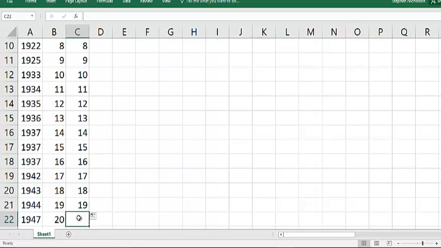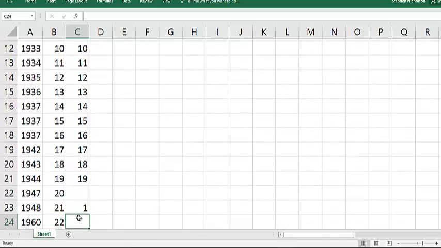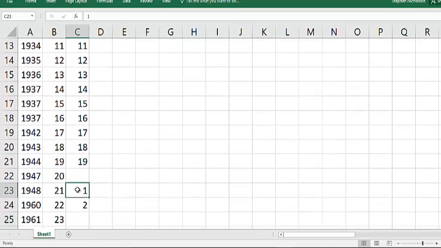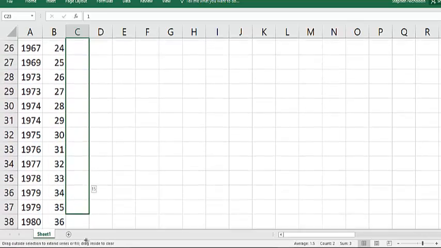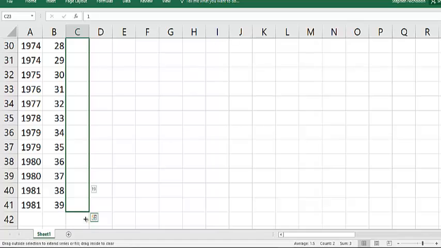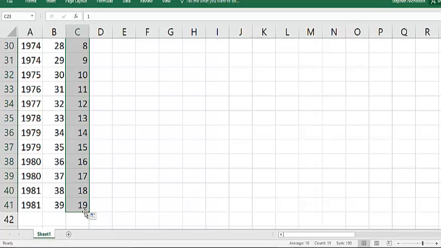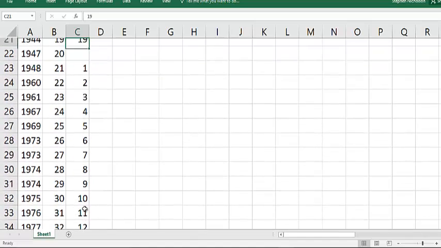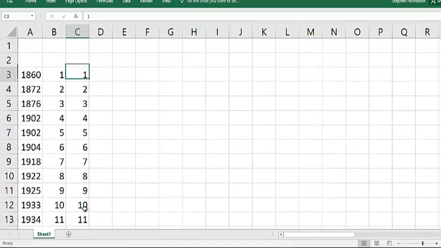Then I would skip 20 and do the next 19. If I copy this pattern up to the end, I should get 19 data points, which I do. So you've got 19 points below the median and 19 points above the median.